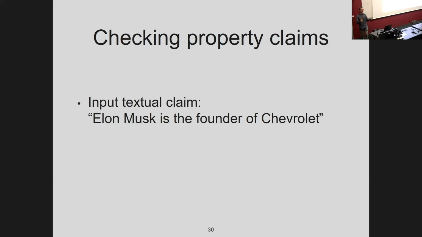Because there is plenty of evidence that these two things are not related. So there is not a fact saying somewhere that he is not the founder of Chevrolet, right? But there is a lot of evidence that these two things are disconnected or completely unrelated. So getting that it's false is quite easy, but getting an explanation is more tricky.